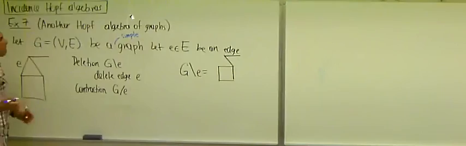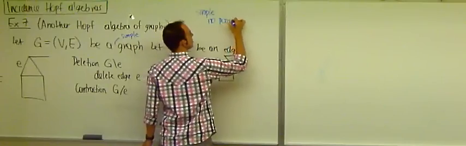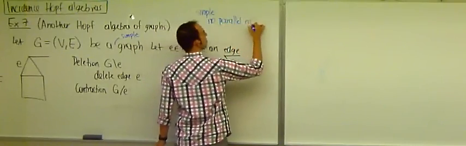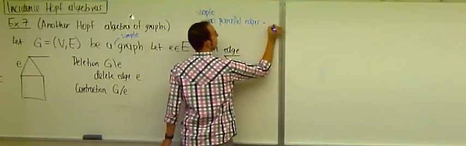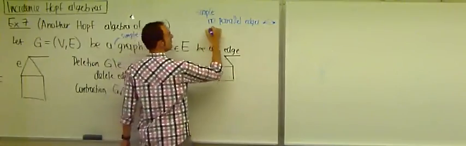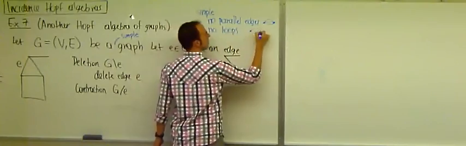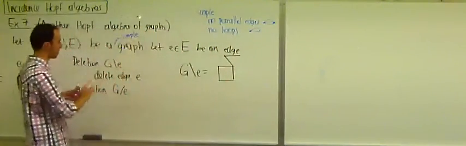And simple means no parallel edges. So you can't have two vertices that are joined by more than one edge, and no loops. So you can't have edges from a vertex to itself.